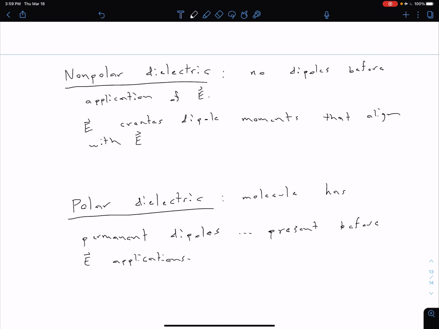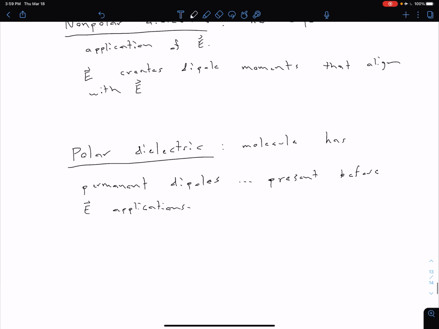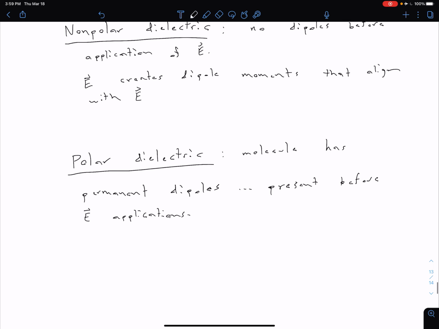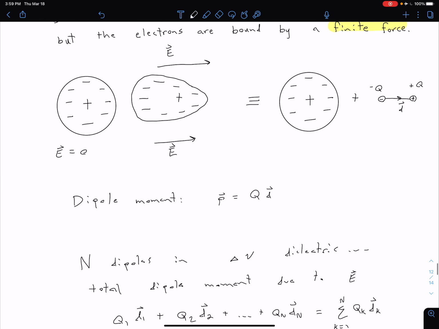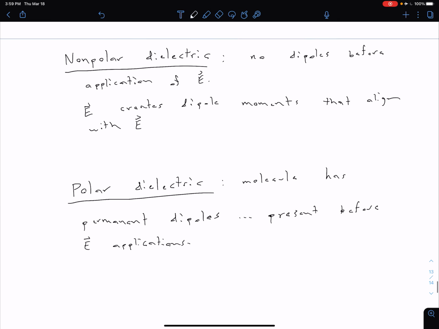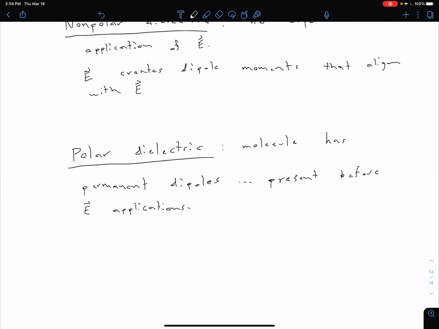But once we do apply that E, our dipole moment is going to be parallel to E, the same way that we saw with this simple case up here. These permanent dipoles, which are present before the E application, are also going to be randomly oriented.